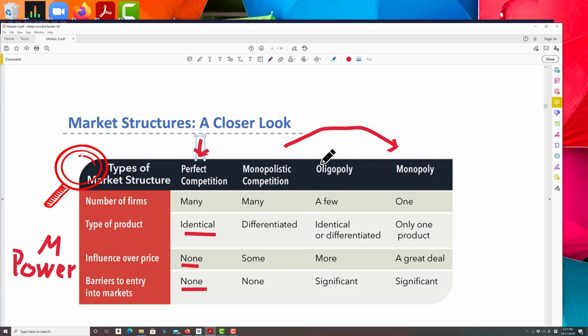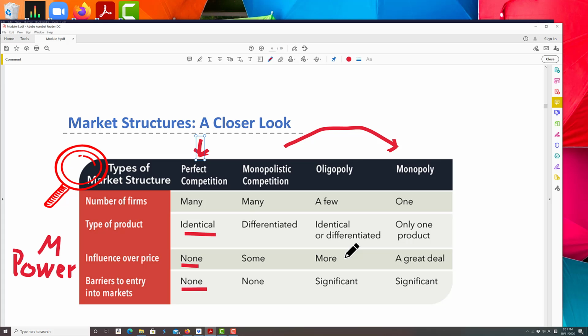And also we have oligopoly. There are only a few firms producing either identical or differentiated products. And they have some influence on the market price, but before they raise prices, they have to watch whether other firms will follow suit or not.